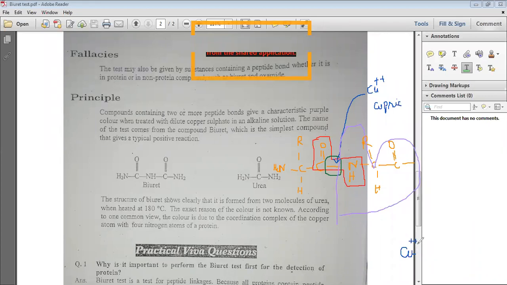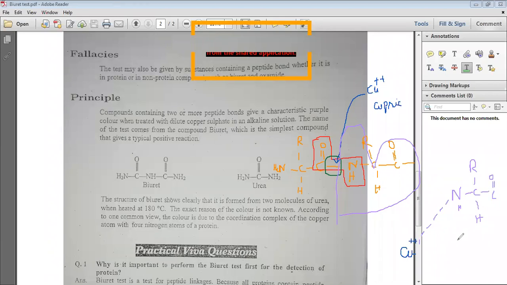And this nitrogen establishes an interaction with this cupric ion. This nitrogen is here, and the remaining chain is attached here. This is how the protein is destroyed. The peptide bond is destroyed.